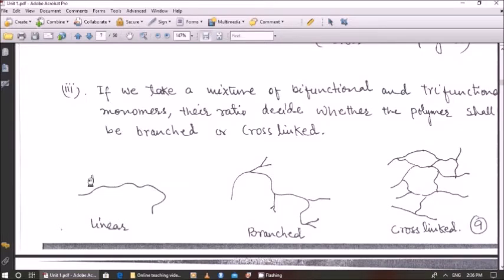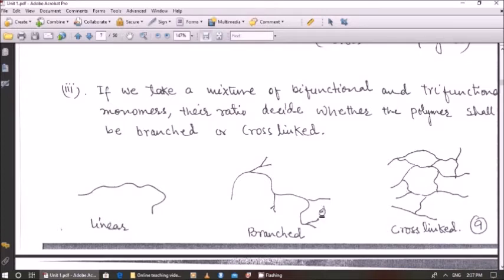It can be any shape, but it should not have branches coming out from the backbone polymer chain. Whereas in case of branch polymer, some branches are coming out from the backbone polymer chain, and in cross-link polymer structure, many backbone chains are connected with the help of side or branch chain.